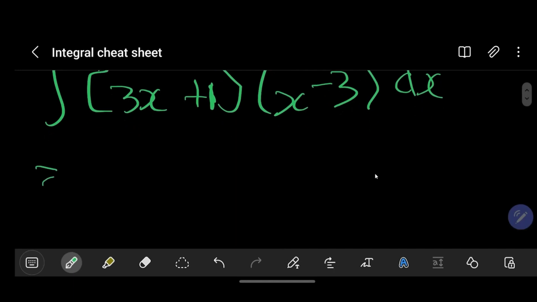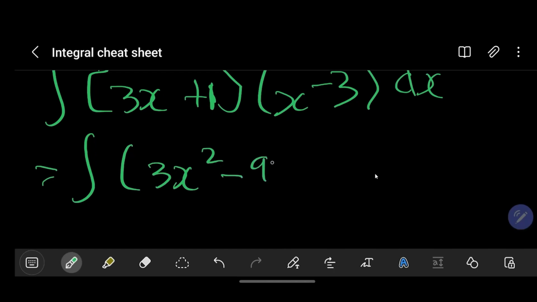Let's say this is the integral of 3x times x, which is 3x squared, and 3x times minus 3, which is minus 9x. 1 times x is positive x. 1 times minus 3 is minus 3, dx.